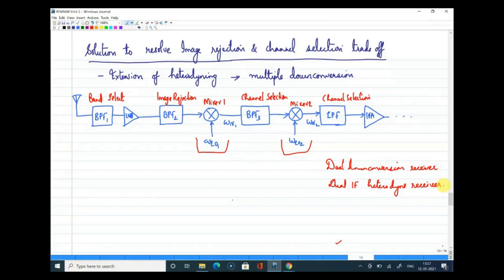But we know that still there will be interference because, because of the omega IF value which we have chosen as large, channel selection will not be complete. So in order to balance the trade-off we have seen just before, we will do one more down conversion and make IF2 very small, and then we'll do the final channel selection and get the desired signal. All right.